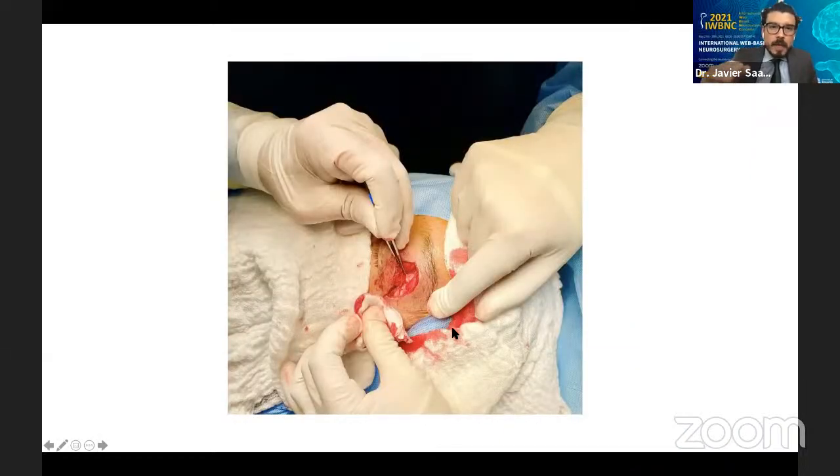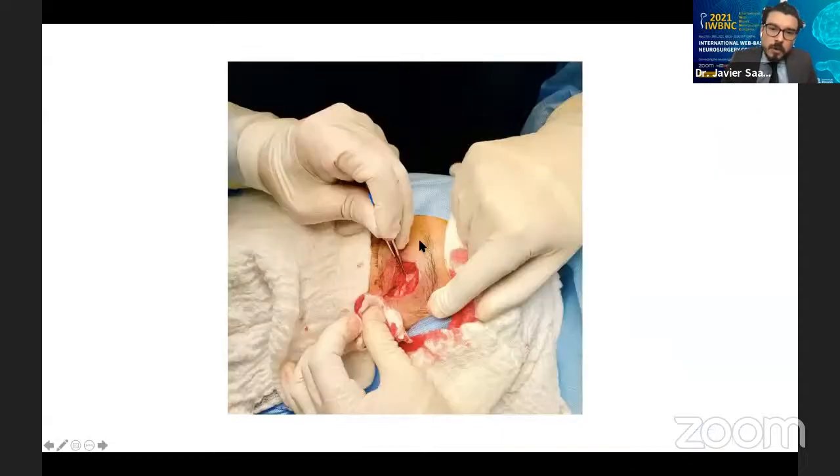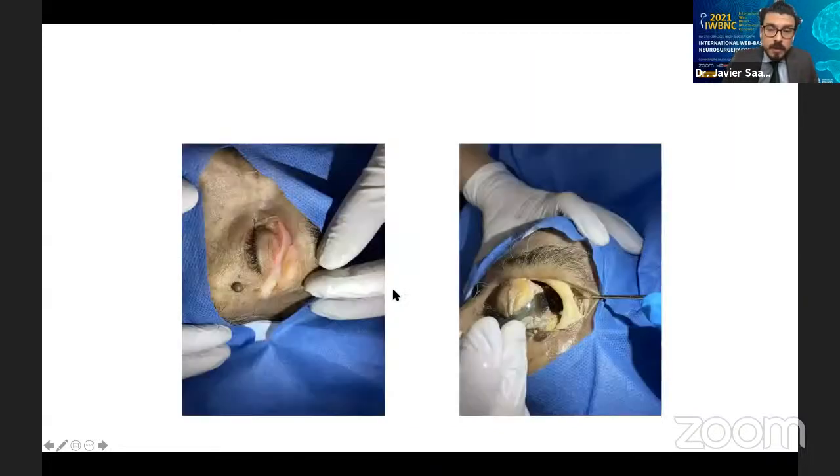So very progressively, the surgeons started to realize that you really didn't need to do all these kinds of incisions, because when you do a superior eyelid incision, you could access most of the orbit. So this is a cadaveric dissection that we performed in our laboratory.